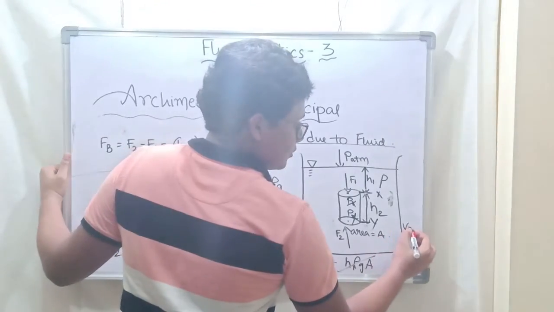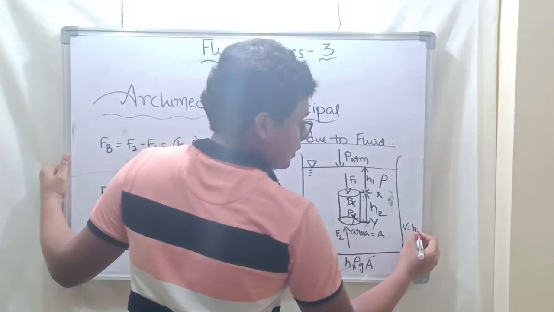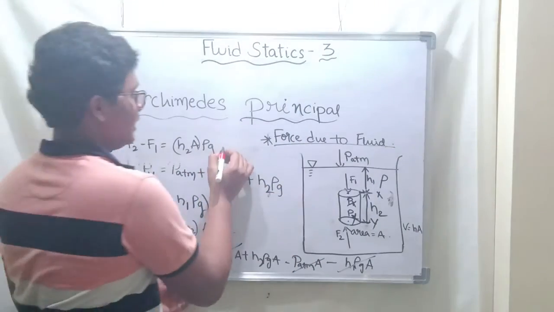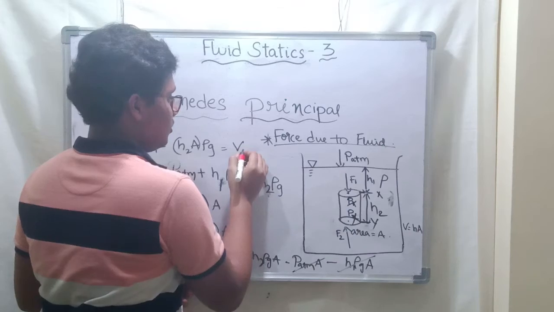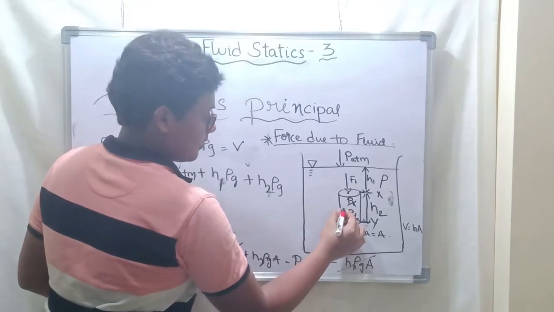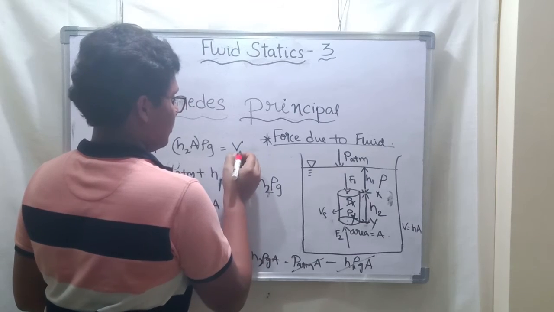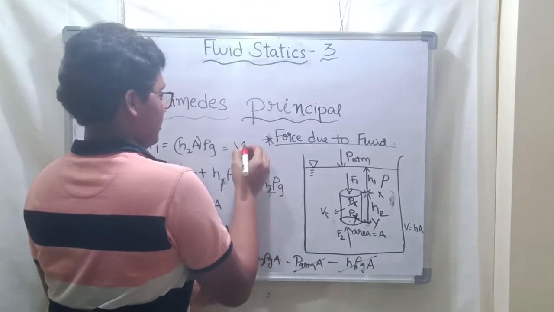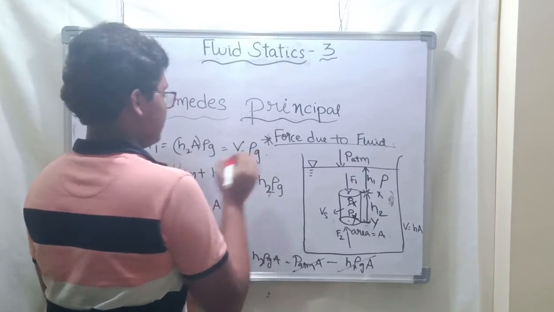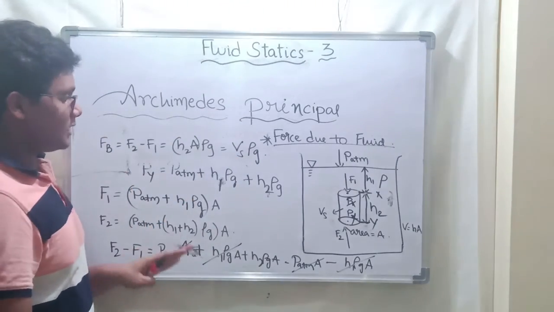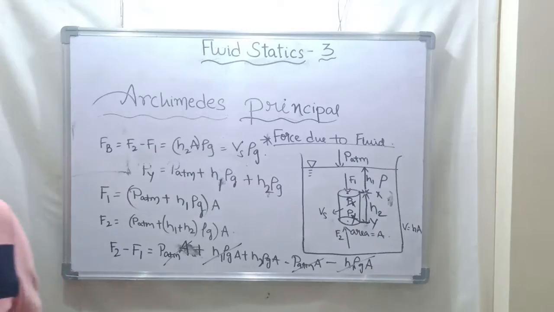Volume is equal to height into area, so this is the volume of the solid, Vs, into rho g. Fb is equal to Vs into rho g. This is the Archimedes principle derivation.